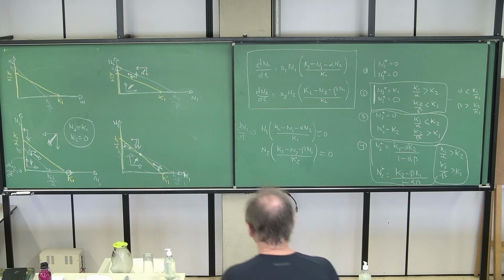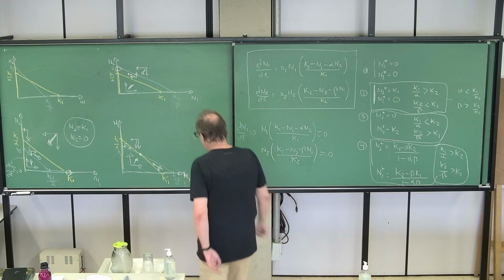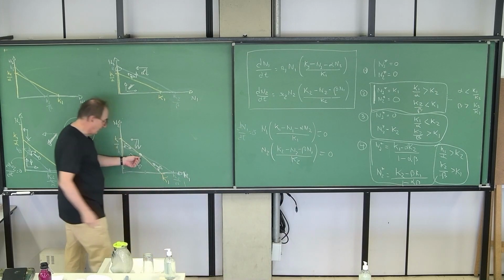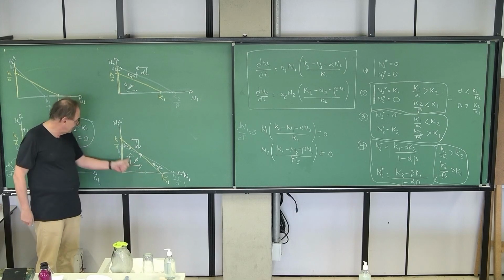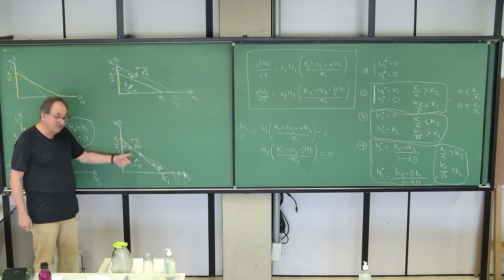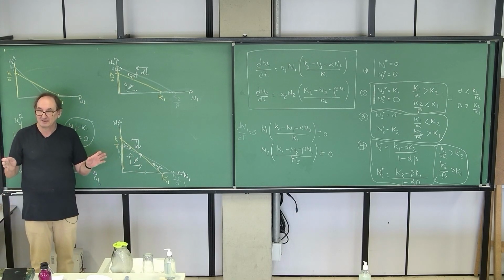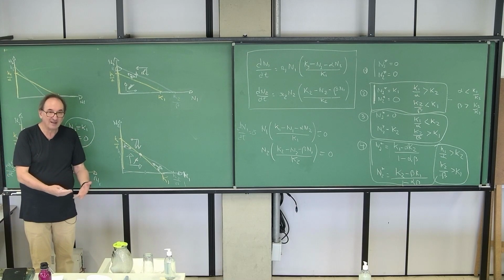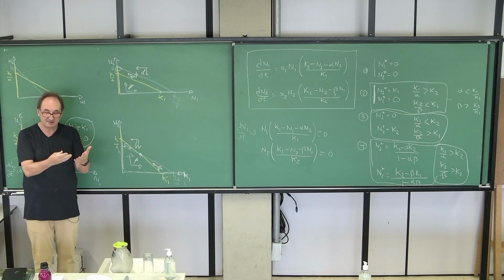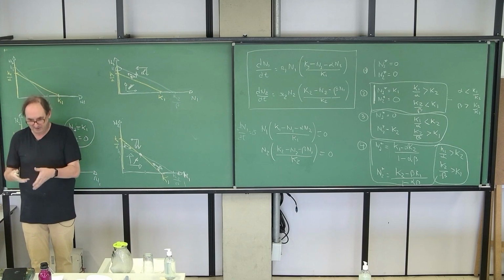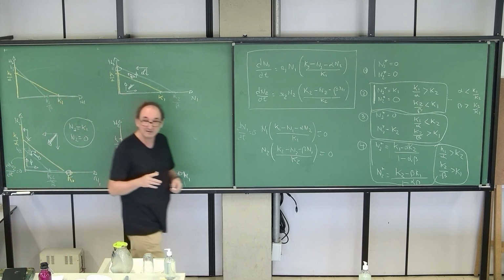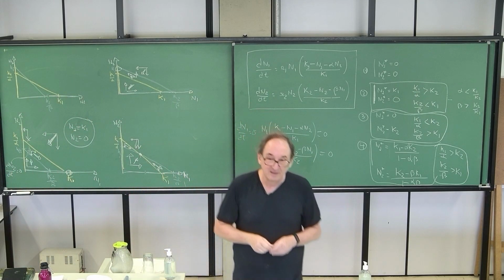And obviously they coexist at this point here, which is smaller than K1 and smaller than K2, which means that at the coexistence fixed point, population 1 does not attain the carrying capacity, nor does population N2.